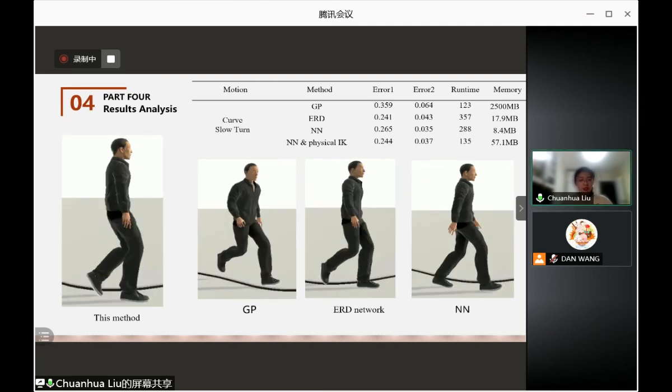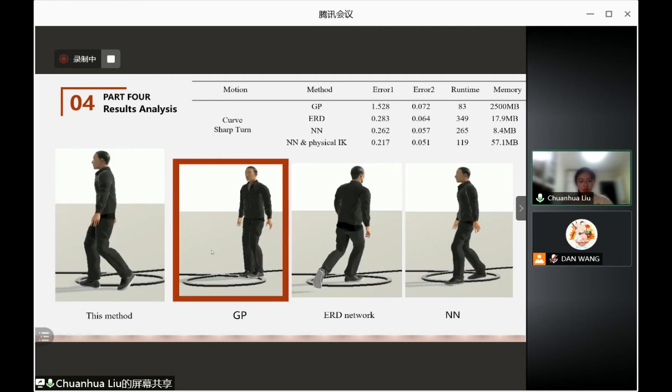And also we tried to get some curves. When we curve very slowly, we get a slow turn. Every method just generated a normal movement and performed well.